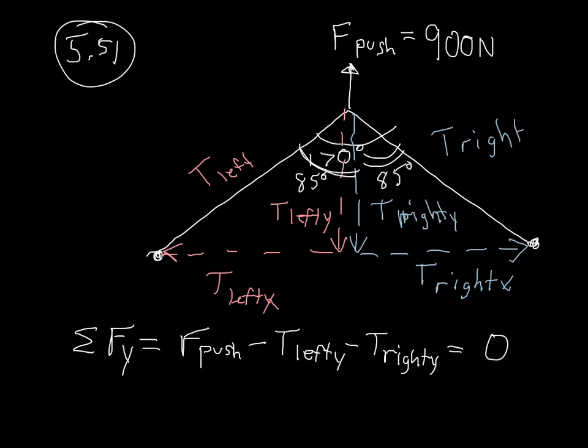Aren't they both the same? Yeah, it's symmetric, but you still have two different triangles. Just the size of those triangles is symmetric. It's the same. So you could do 2 times T lefty or 2 times T righty. But why would you do that?